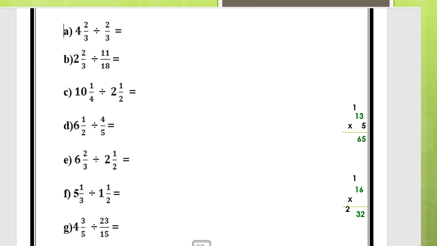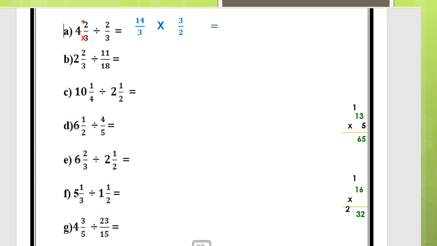Next, 4 and 2/3 divided by 2/3. I'm going to change first the mixed number to an improper fraction. So 3 times 4, which is 12, plus 2, which is 14. 14/3 times 3/2.